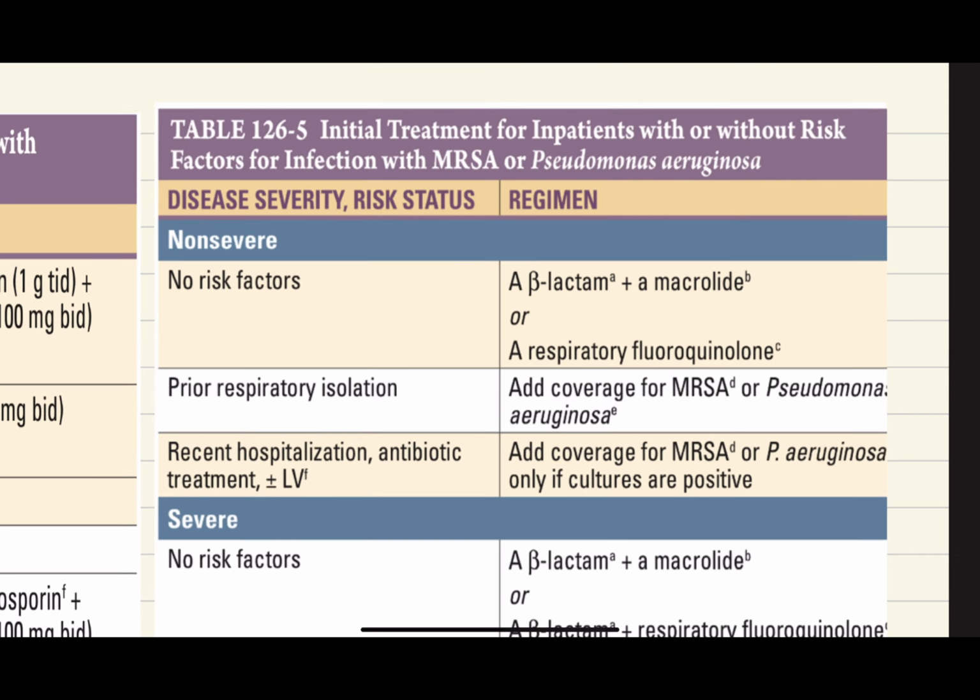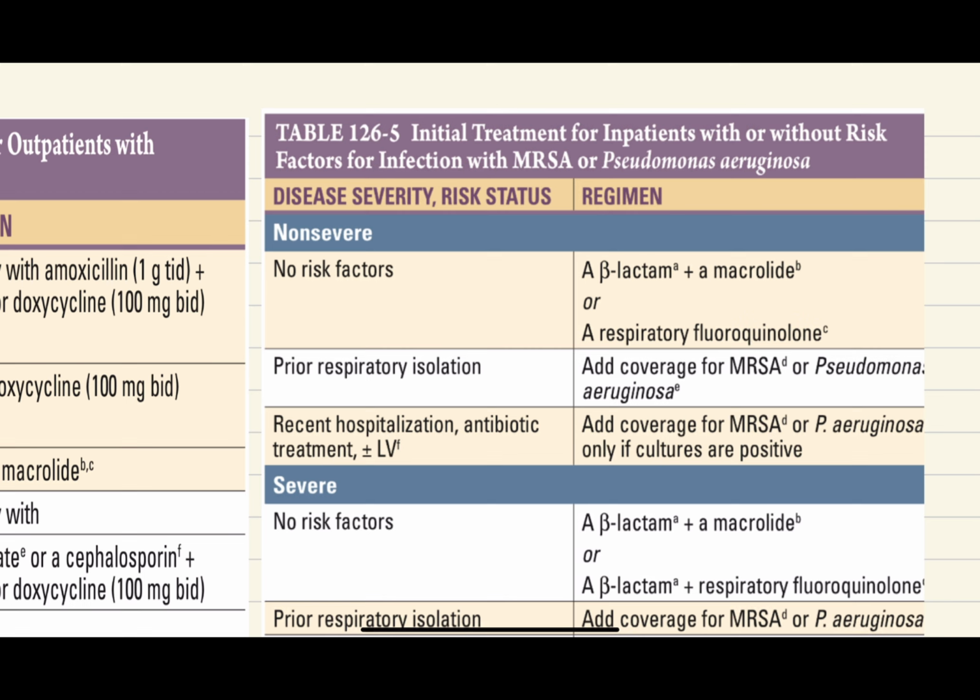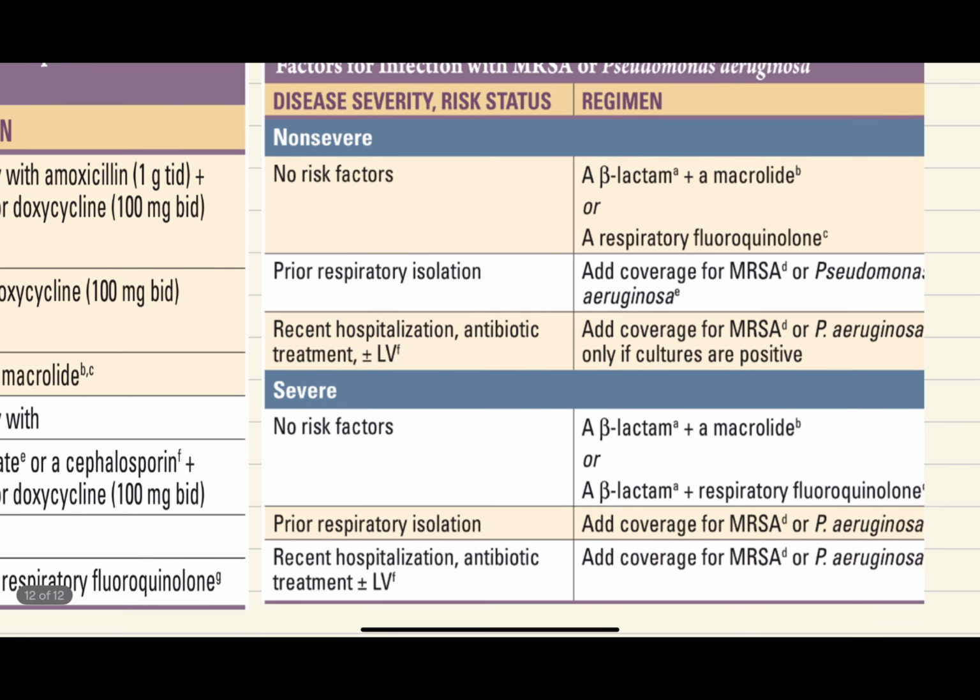If the patient is inpatient, like he has been admitted to a hospital, then how are you going to treat them? First, if the patient is non-severe and has no risk factors, then you are going to give them a beta lactam plus a macrolide or just monotherapy with a respiratory fluoroquinolone.